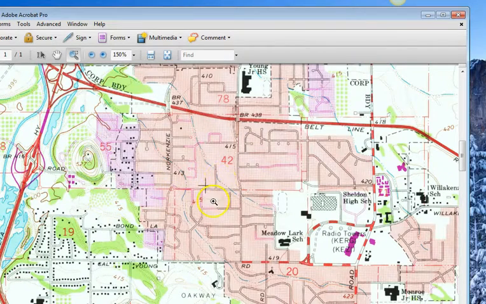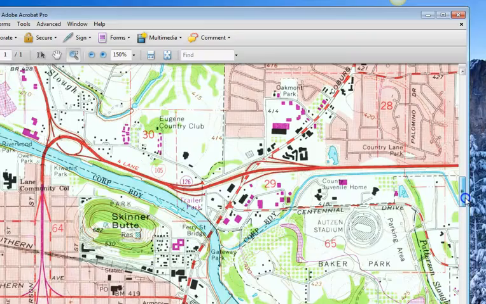But these lines are a little more difficult to identify. I think section 42 runs like this, but I don't see where it divides between section 55. So it gets a little more difficult on the map when you get these really older parcels.